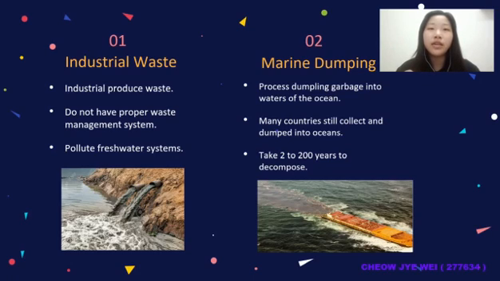Many industrial sites produce waste in the form of toxic chemicals and pollutants, and those are regulated. Some still do not have proper waste management systems in place. In those rare cases, industrial waste is dumped into nearby freshwater systems. When industrial waste is not treated properly, it can very easily pollute the freshwater system that it comes into contact with.